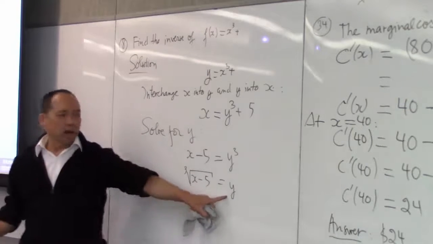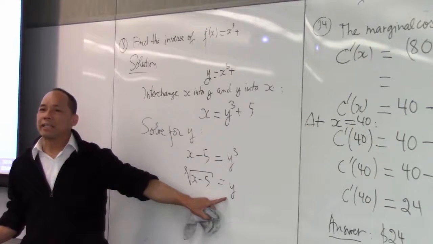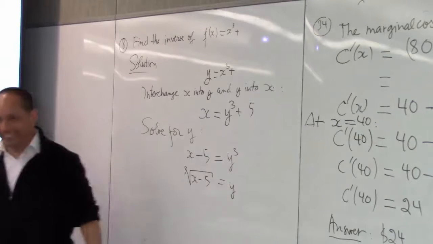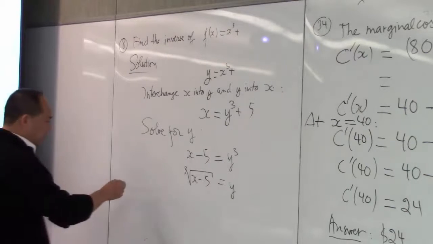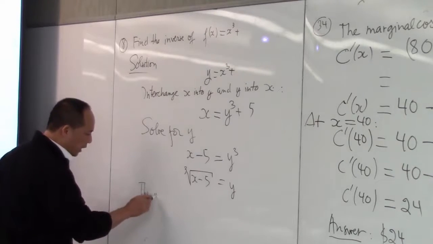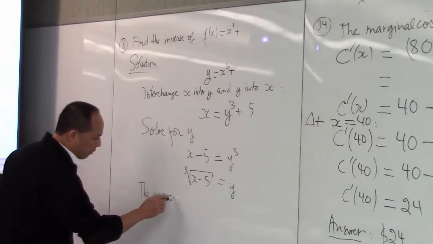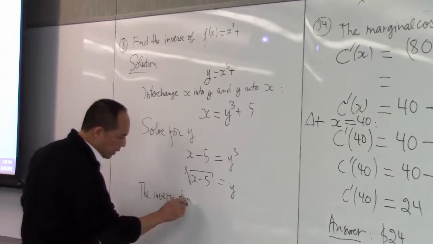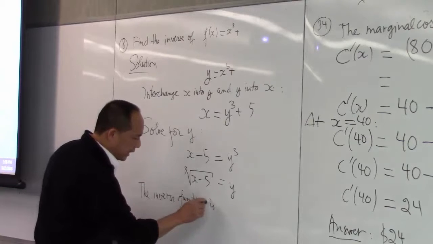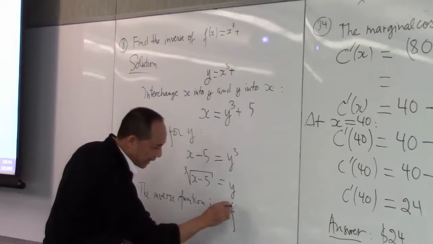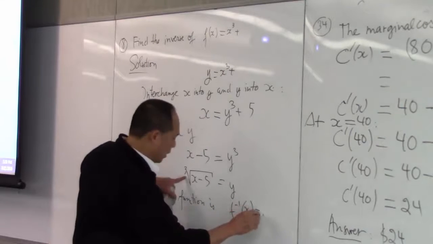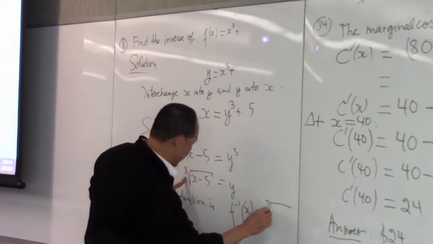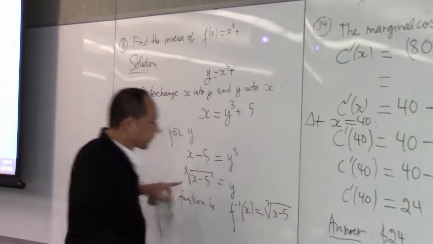And now you only substitute y by f inverse. The inverse function is, now you can write this negative, instead of writing y, the function equals the cube root of x minus 5.